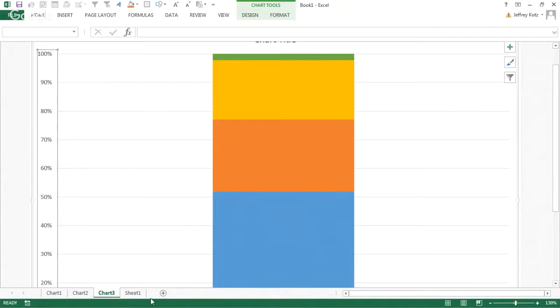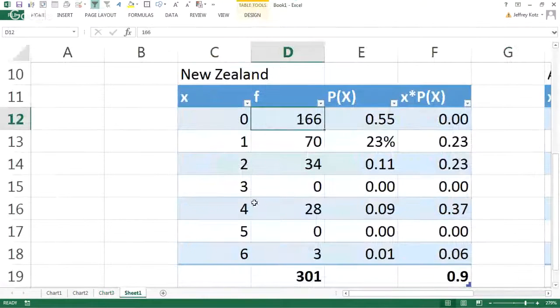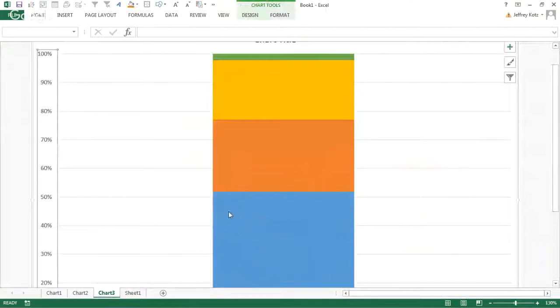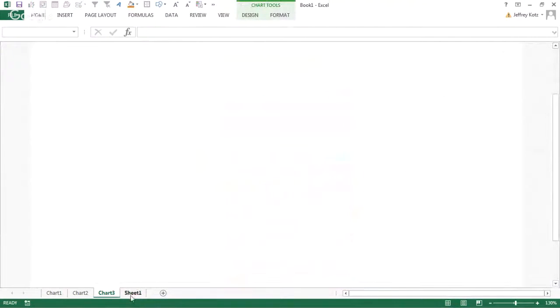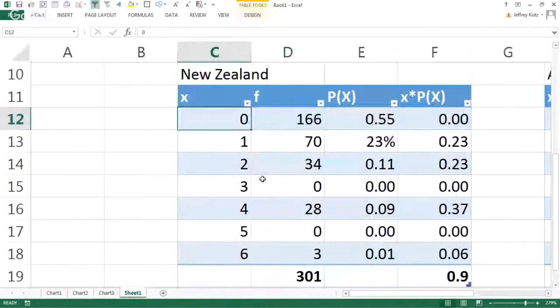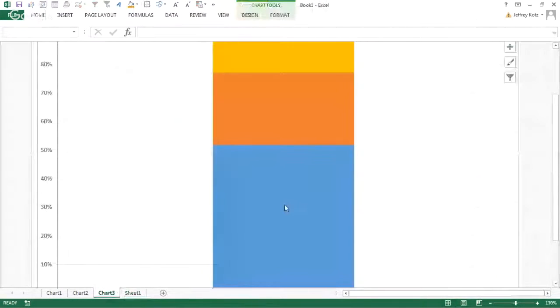This colored blue comes from these 166 observations where no runs were scored. In other words, the median is 0. The median is 0 because it represents an X value below which half of things fall and above which half of things fall.